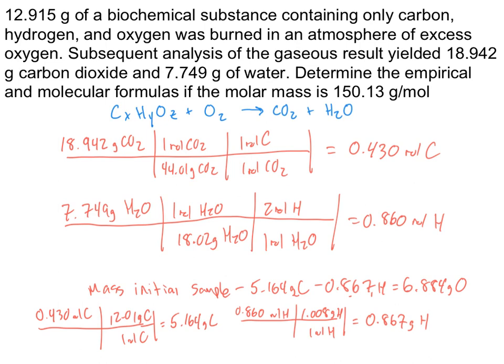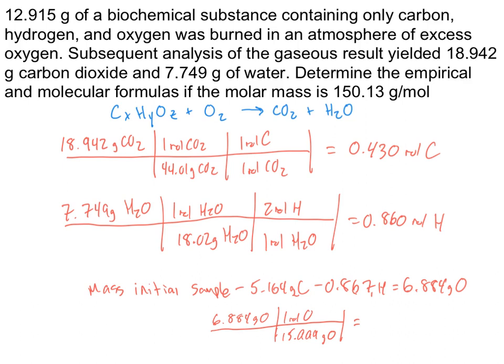Next, we want to take those grams of oxygen and convert that over to moles. And so our 6.884 grams of oxygen divided by our molar mass of oxygen gives us 0.430 moles of oxygen.